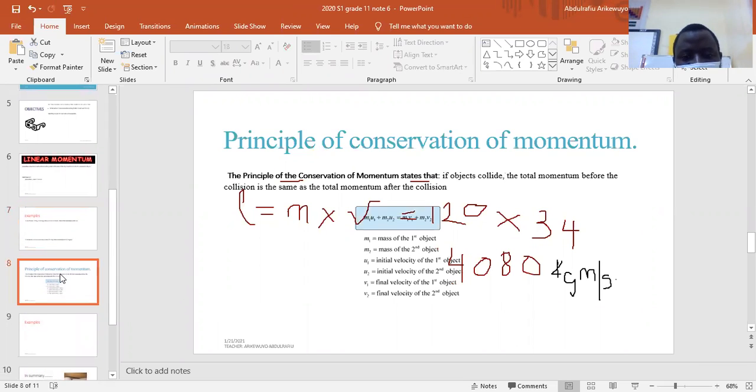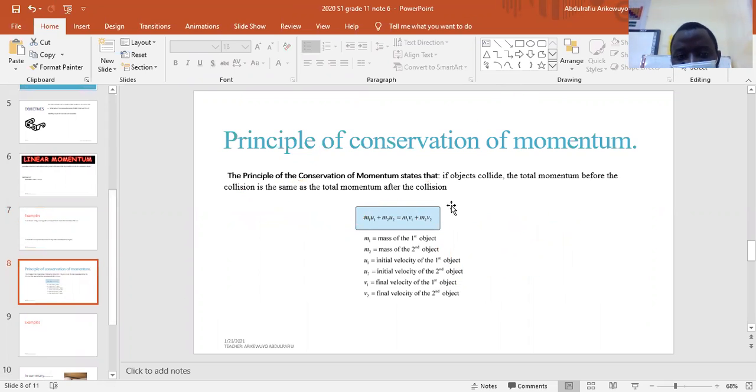Now, let us talk about the principle of conservation of momentum. That principle states that if objects collide, let's say you have two cars, one is moving in the front, the other is coming at the back, and the one coming at the back collides with the one in the front.